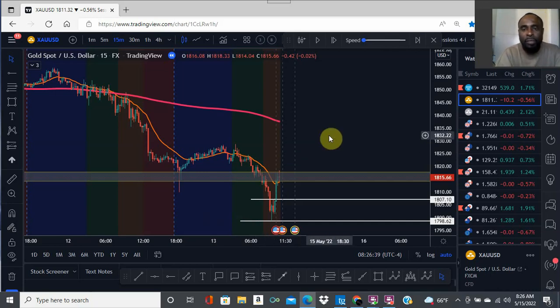And what I like to do, if I've taken enough money off the table, then what I want to do is lower my lot size. Even if you lower it 50 cent, 10 cent, it doesn't matter, depending on the size of your account.